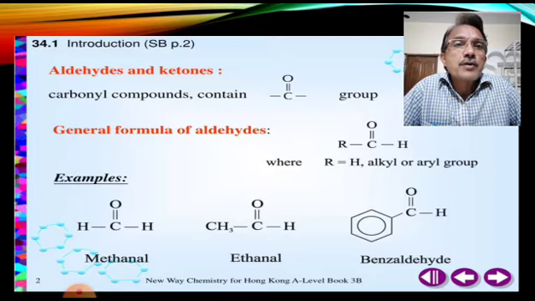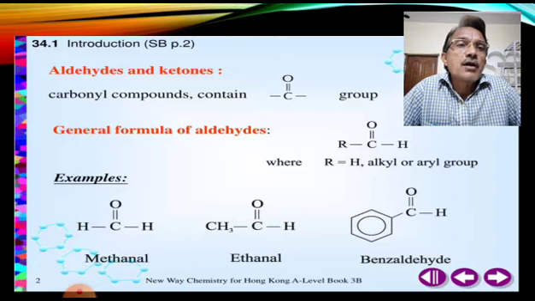Those carbonyl compounds in which -CHO is present as a functional group are called aldehydes, and those carbonyl compounds in which -C-CO-C- is present as a functional group are called ketones. So both aldehydes and ketones are collectively known as carbonyl compounds.